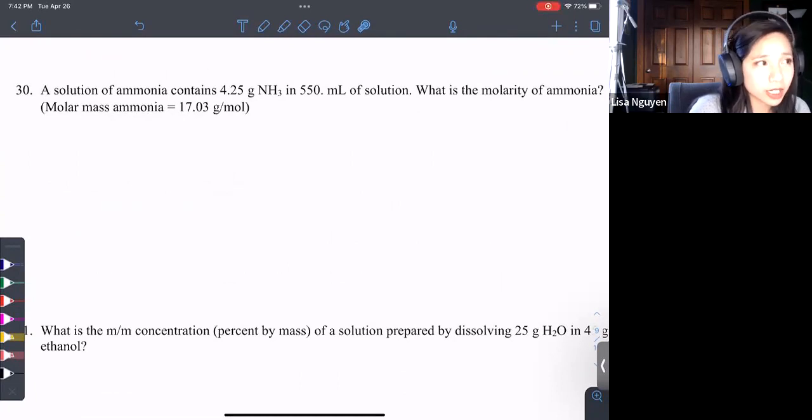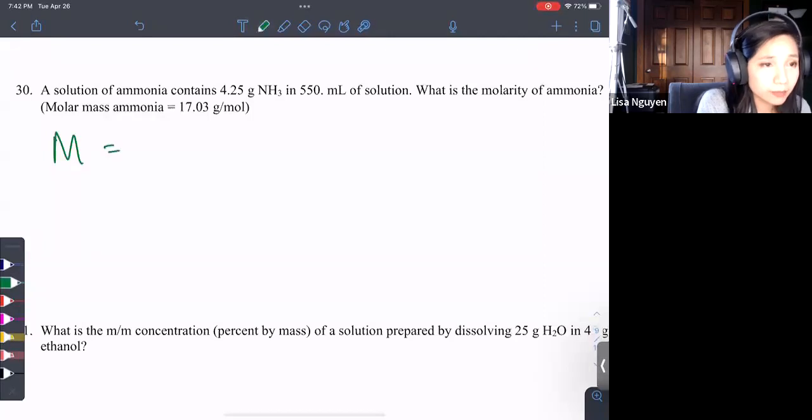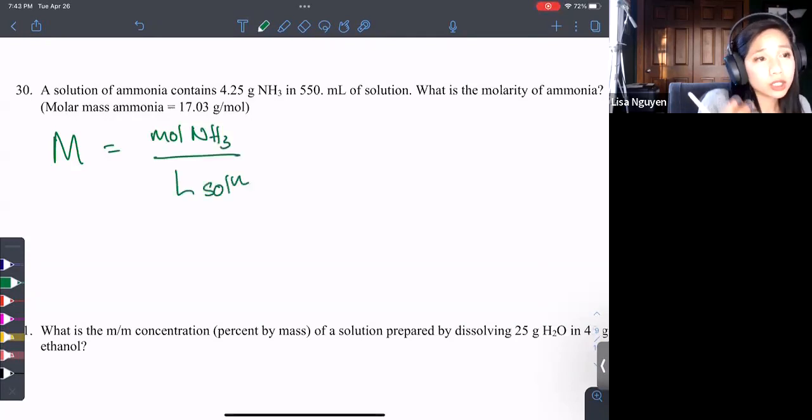What is the molarity of ammonia? So recognize that molarity, the unit is moles of your solute, in this case NH3 because that's what we care about, over liters of your solution. So look at the information given and see, okay, how can I get these different quantities and divide them? And that's what's going to get me molarity.